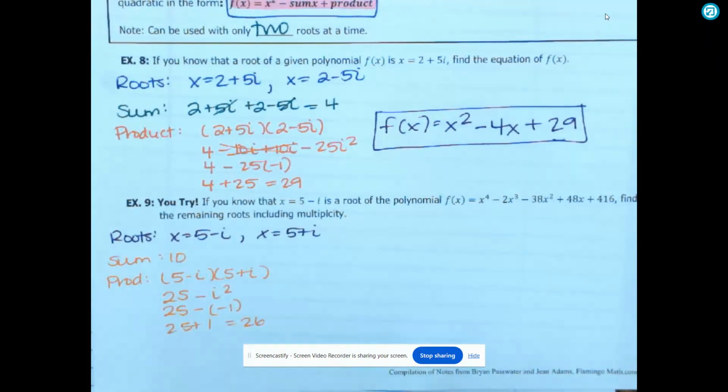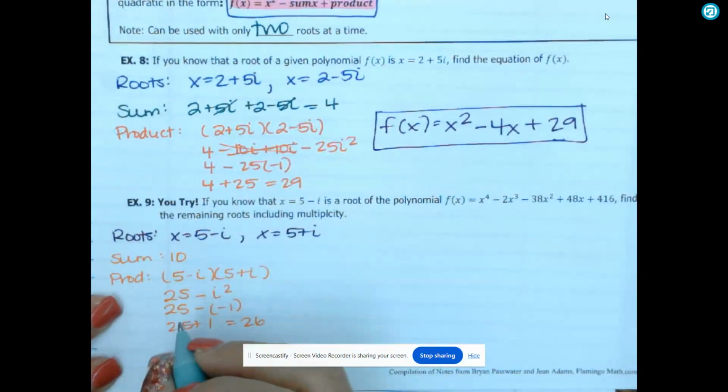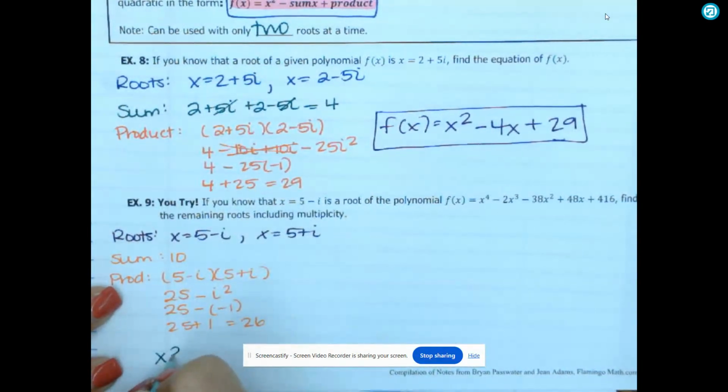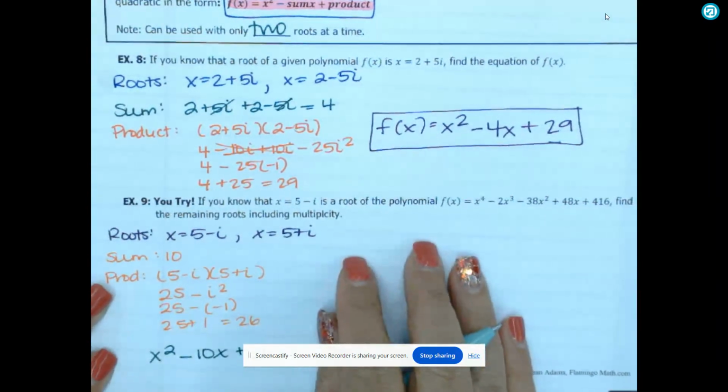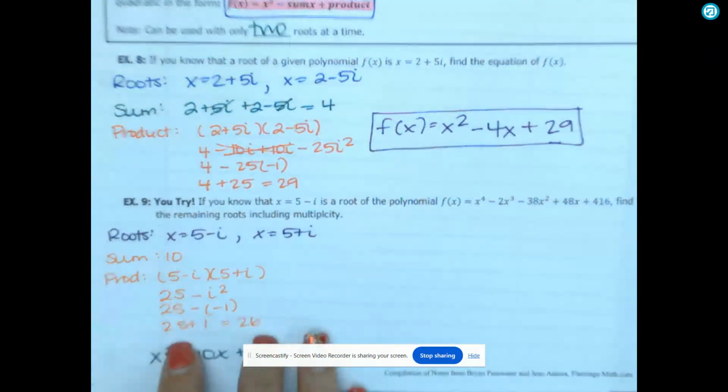Now if I use that formula, f of x equals x squared minus the sum, which is 10, plus the product, so plus 26. Okay, so that is one of my factors.